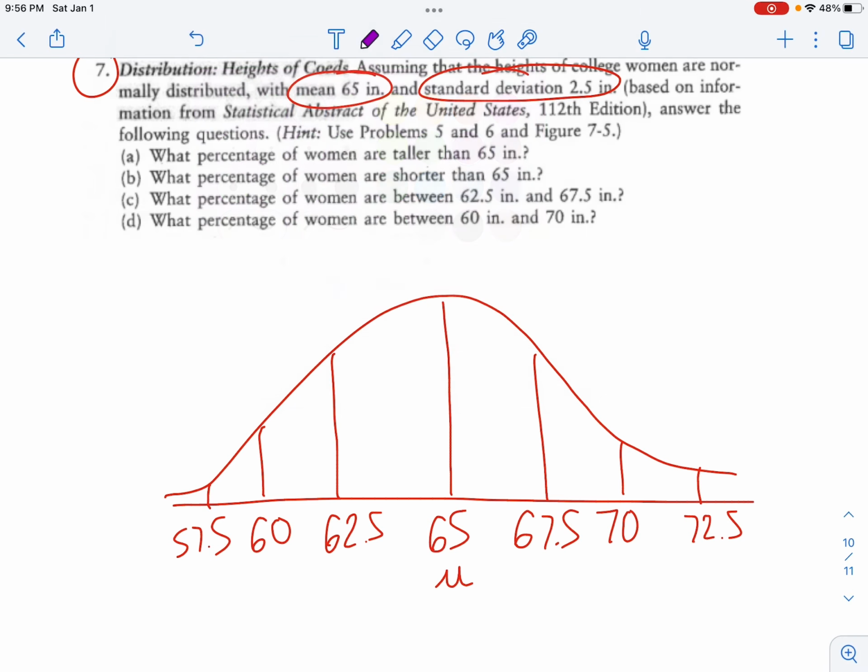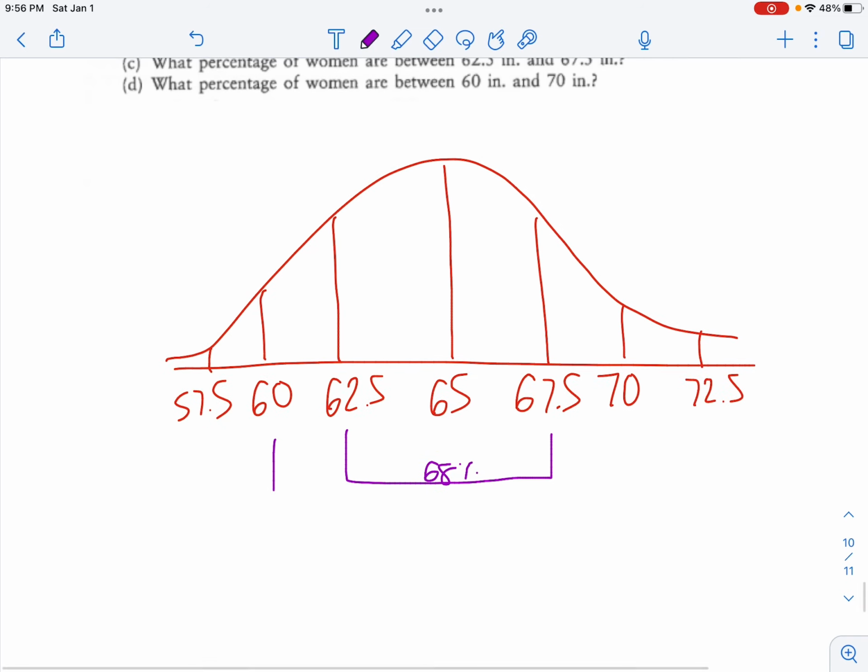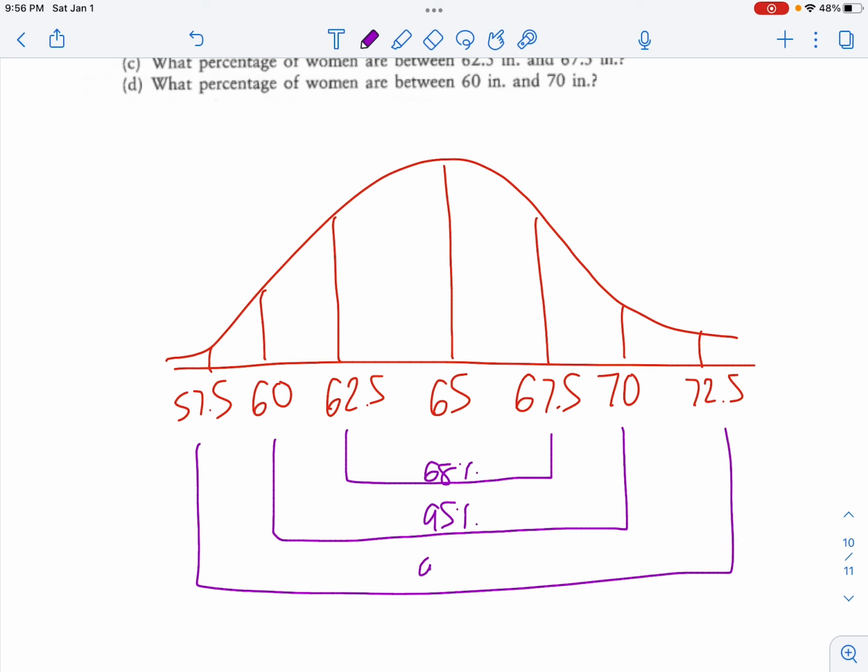But you also need the percentages, right? So let's recall the percentages. From one standard deviation left to right is 68% of the population. Then 2 standard deviations left and right is going to be 95%. And then 3 standard deviations left and right is going to be 99.7% of your data.